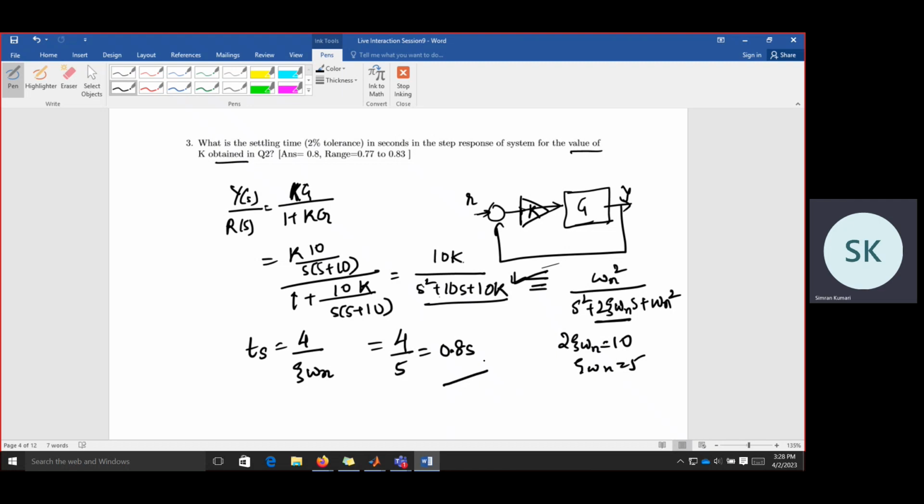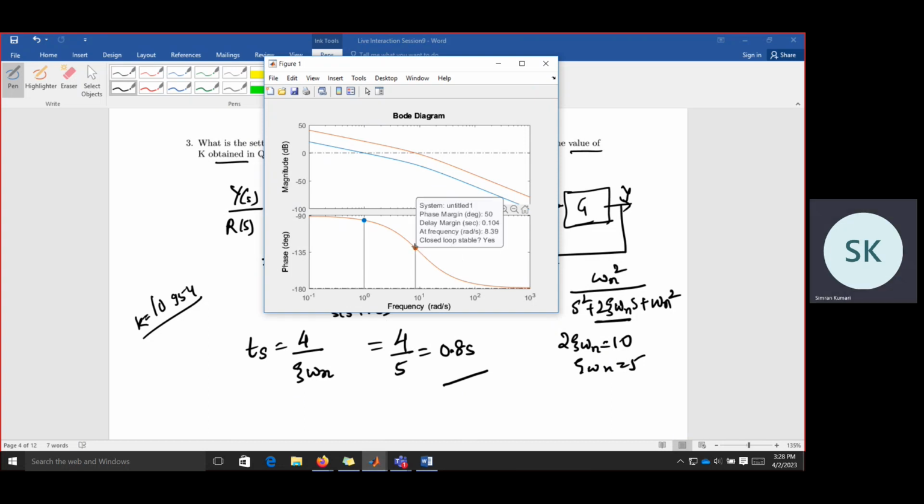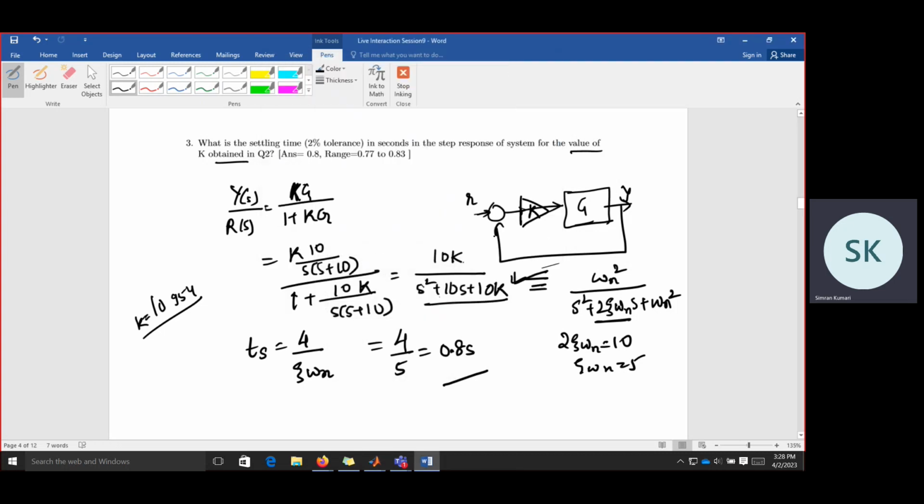We tried to find the value of gain, and we saw that at this value of gain, that is 10.954, we can have a phase margin of 50 degrees. But apart from this, we can also observe that when we are increasing the gain, there is a decrease in settling time. So it is approximately 0.8 seconds.